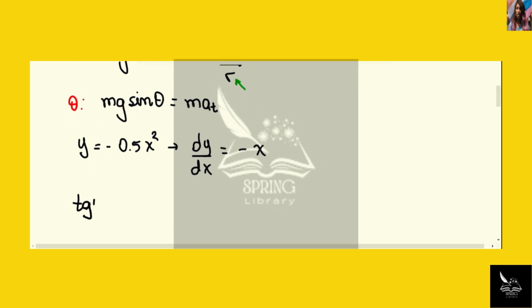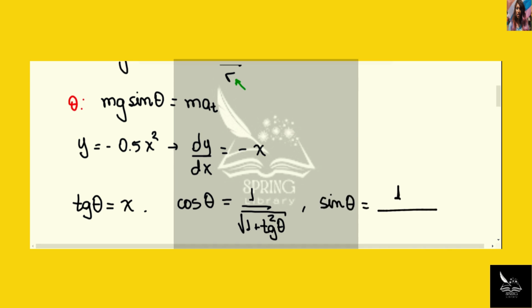So the tangent of theta is x. Now I'm going to use the formulas: the cosine of theta is equal to 1 over the square root of 1 plus tangent squared of theta, while the sine of theta is equal to 1 over the square root of 1 plus 1 over tangent squared of theta.